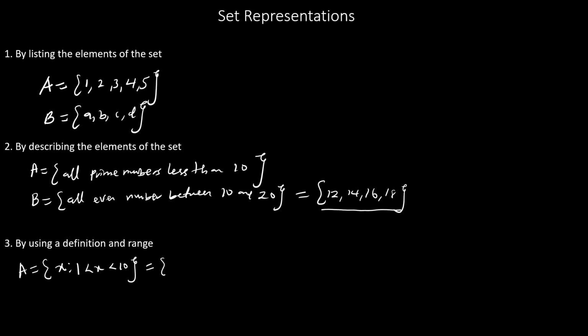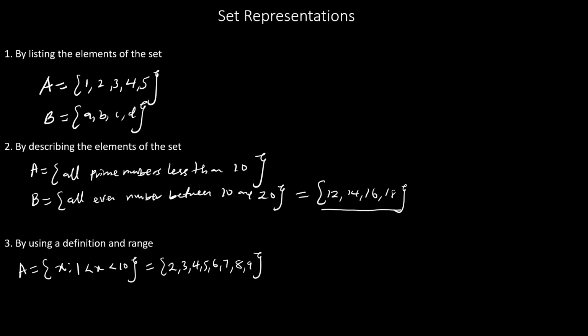If we were to write out the elements of this set, we can say the elements are 2, 3, 4, 5, 6, 7, 8, 9. And we are going to have other conditions to support this. X is going to be defined whether x is an integer, a whole number, a fraction, or any other number format.